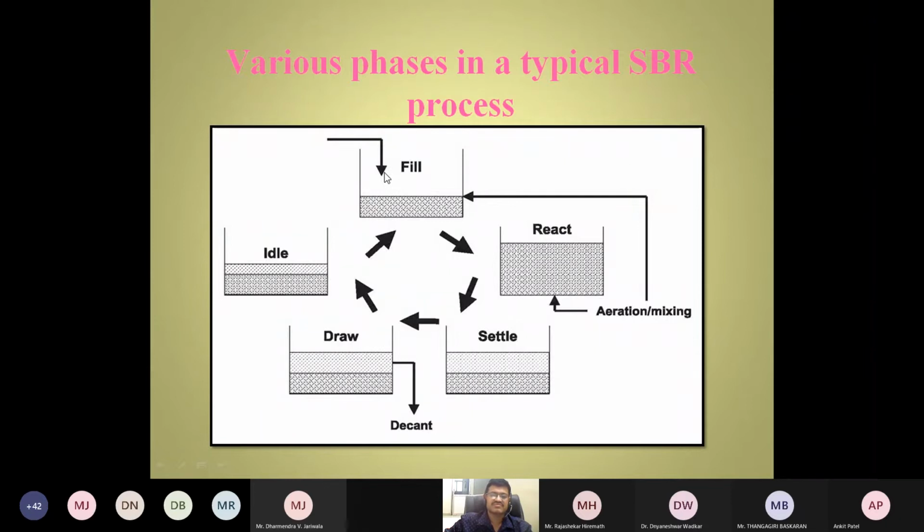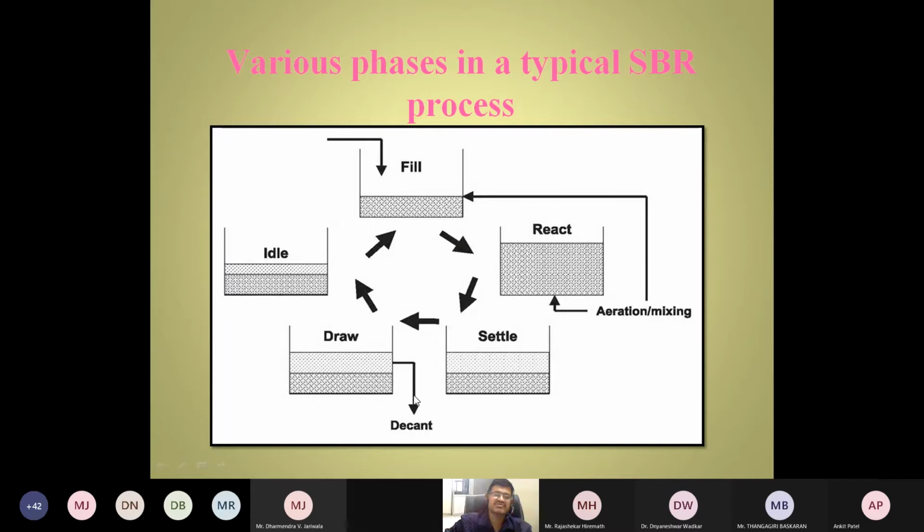This phase is of the settling tank, and the earlier phase is of the aeration tank. After reacting, let us say 4 to 8 hours, we stop the aeration. The sludge will settle, whatever bacteria is there. And what is the supernatant? The supernatant is the treated water. It is free of organic matter because the organic matter is already consumed here.